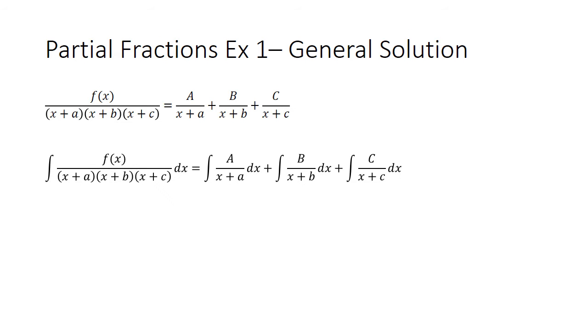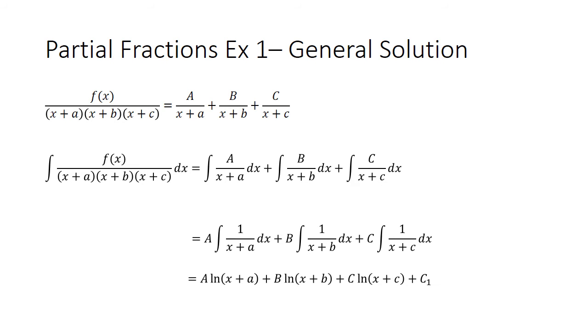If we apply the integration formula to each one of these, and take the constants outside the integrals, we see that we are then able to integrate these directly. The integral of 1 over x plus a is the log of x plus a, so we get A times the log of x plus a.